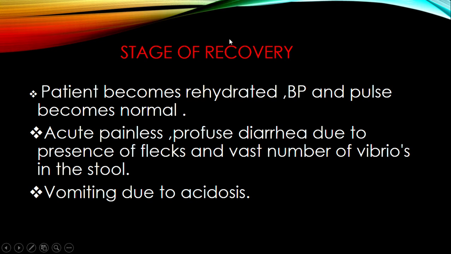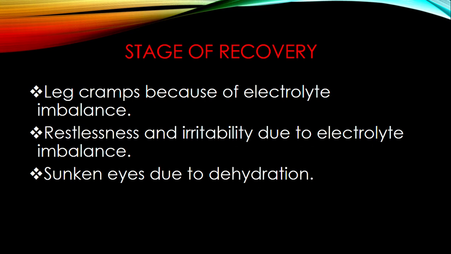So acute painless profuse diarrhea is due to the presence of a vast number of Vibrio cholerae in the stool. So there is also vomiting due to acidosis during this stage. So then there are also leg cramps. So the leg cramps are due to electrolyte imbalances.